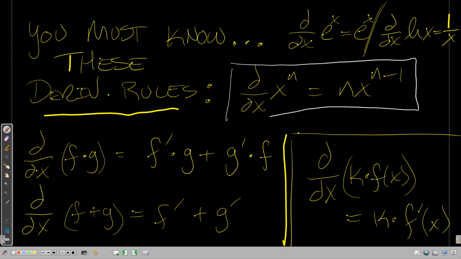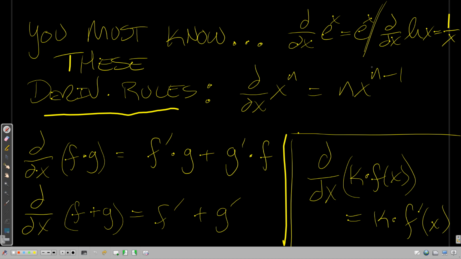If you have anything that looks like x to some power, where this number n can be any real number, then the derivative is the well-known n times x to the power of n minus 1.